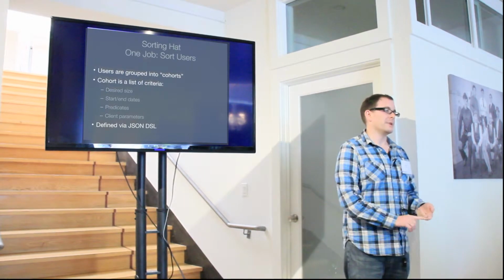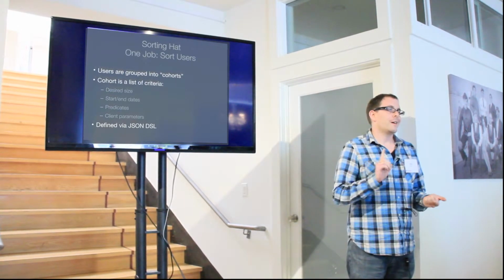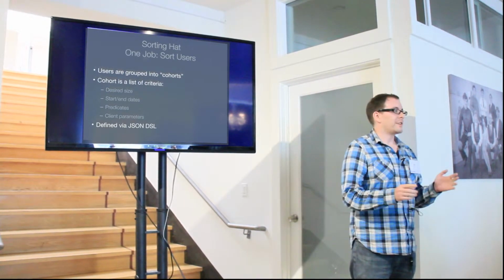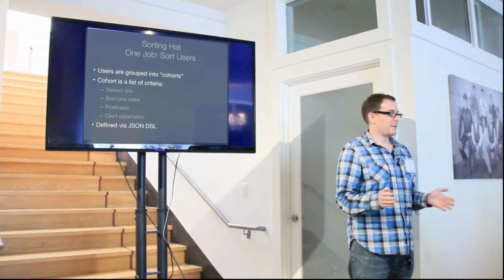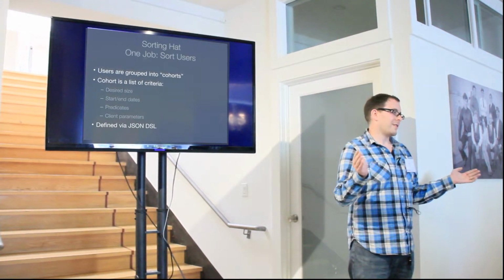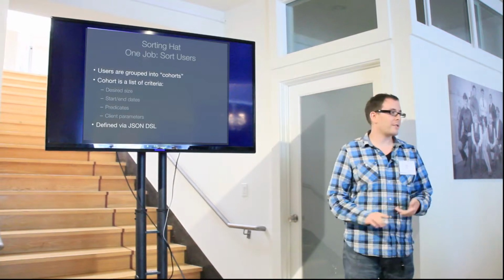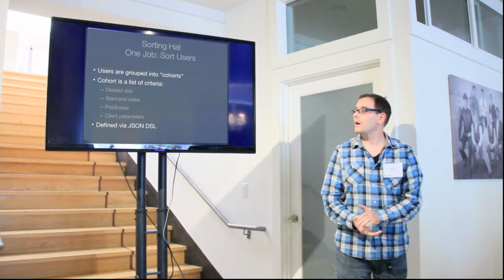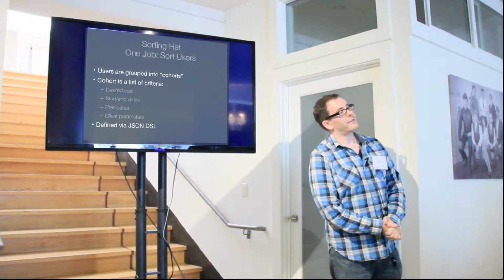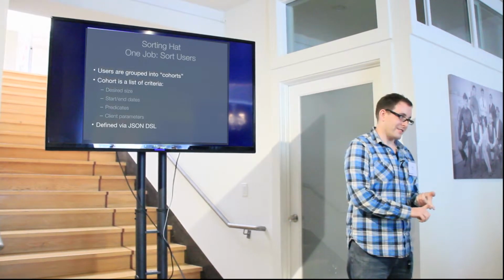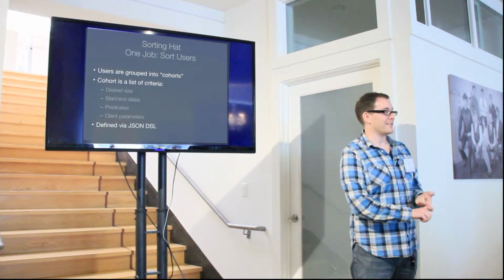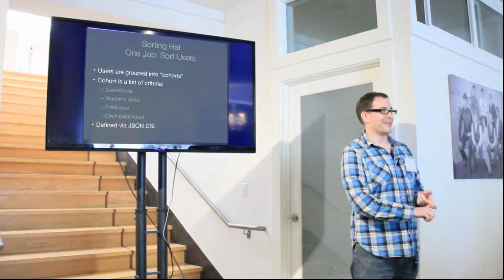A cohort could consist of a set of users that join in a given time span, or any other arbitrary predicates. A cohort is defined by a JSON document, so we no longer had to write code to define groups.